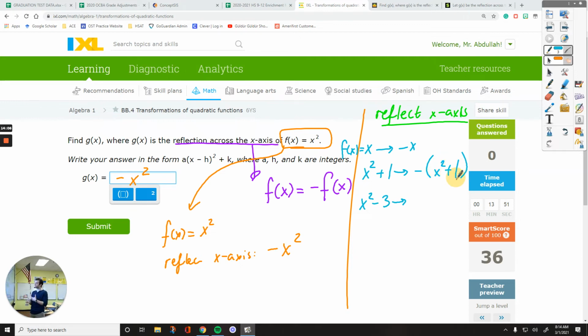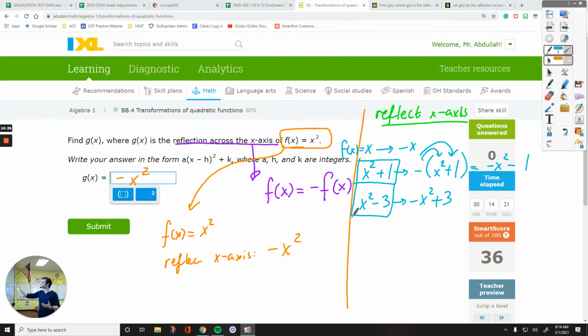If you have a binomial or a polynomial, then it could turn into a problem because you need to distribute that negative into the parentheses, and then the answer would become this. Basically change all of the signs you have. So x squared turns into negative x squared, negative 3 turns into positive 3. That would be the change when you do reflection across the x-axis when you have multiple terms.